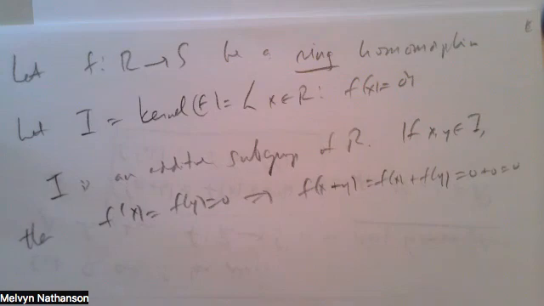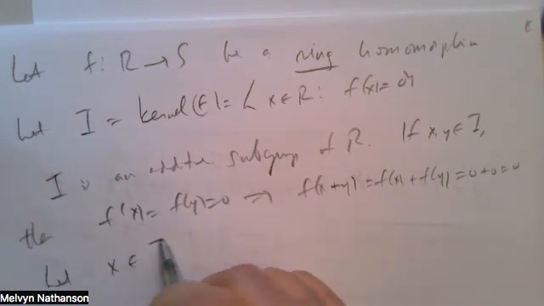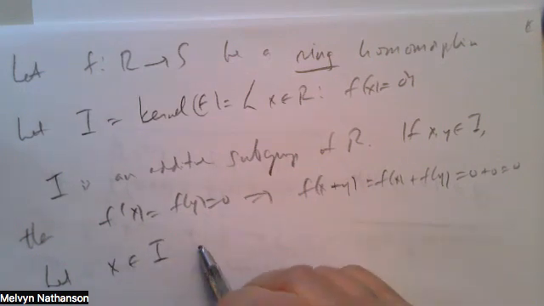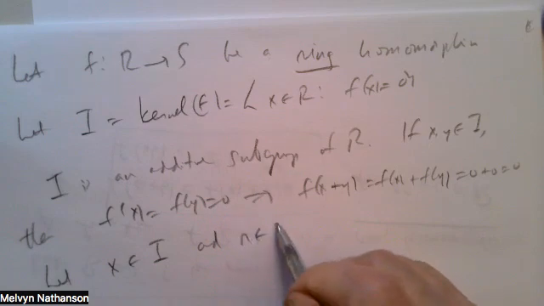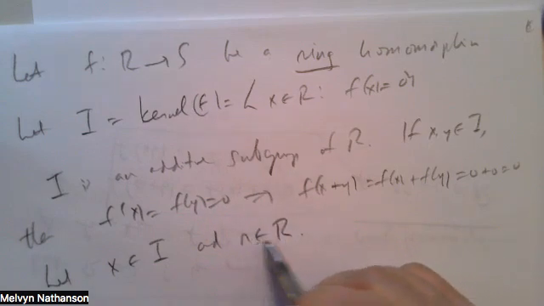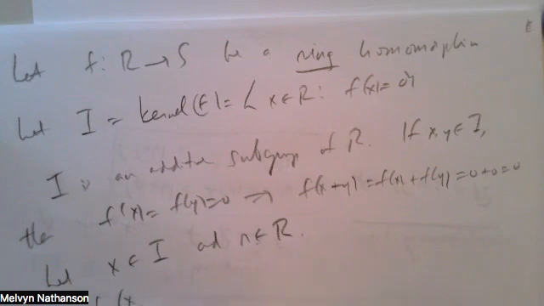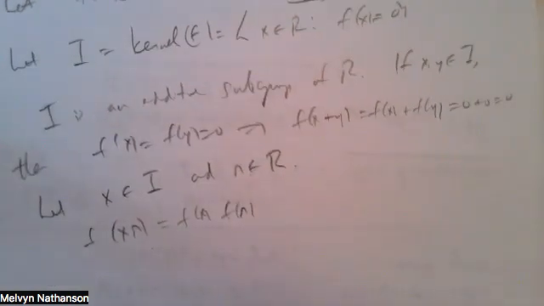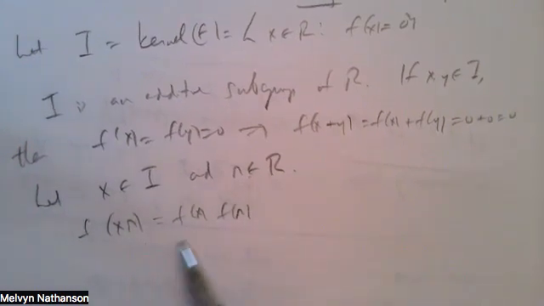But what about the multiplicative structure of this kernel? So suppose that x is in the kernel, and let's say r is any element of the ring. So f of xr is f of x times f of r, because f is a ring homomorphism.